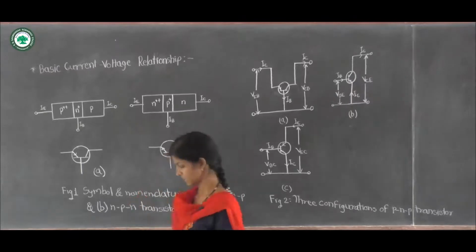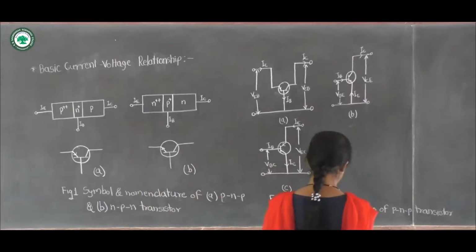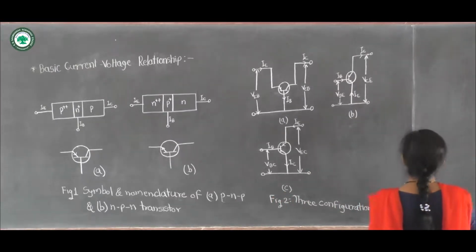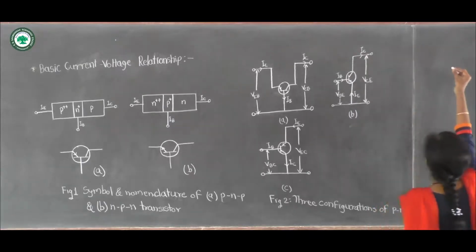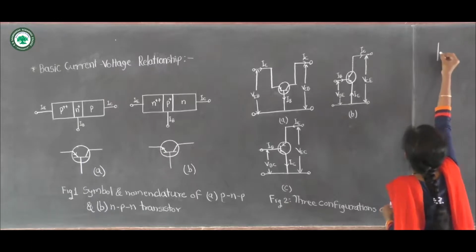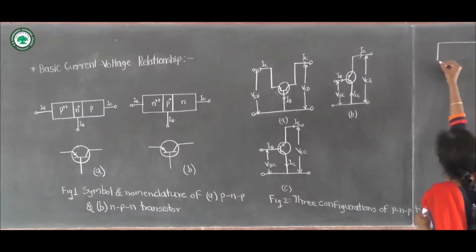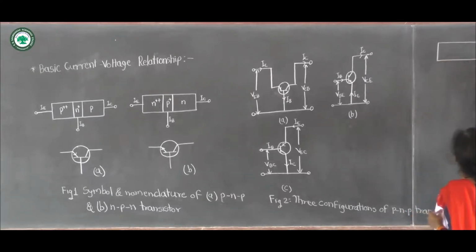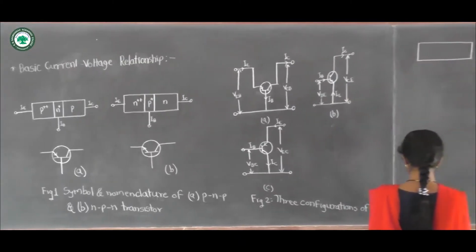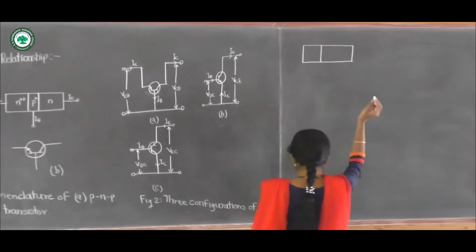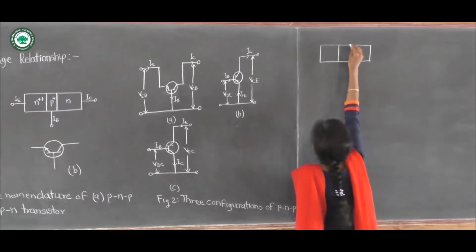Again we will see figure 3 for the PNP transistor, which is operating in normal condition, that is the emitter base junction is forward biased and base collector junction is reverse biased.